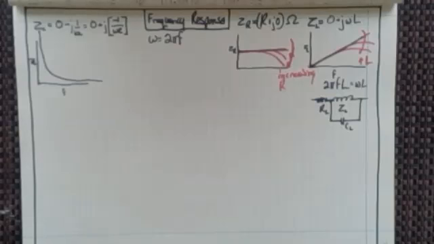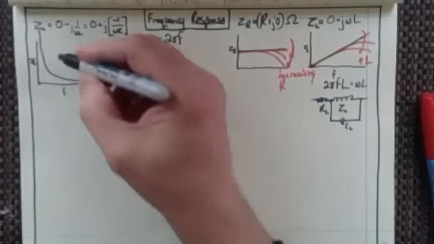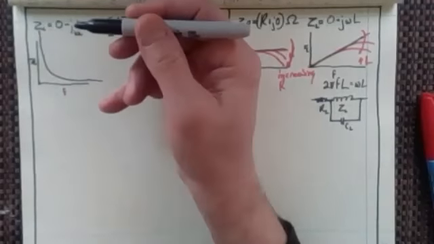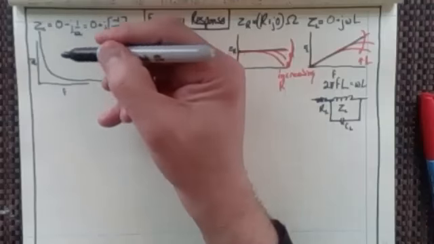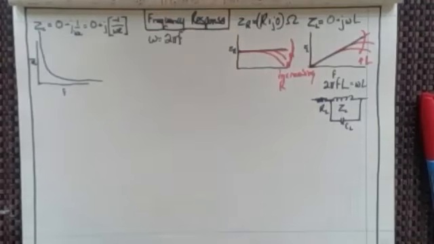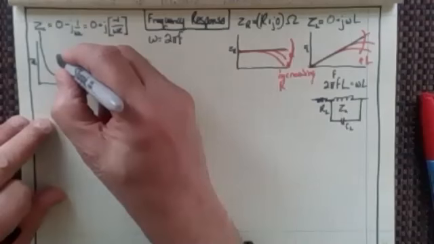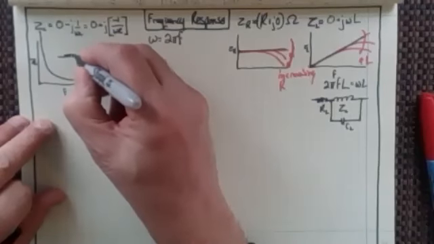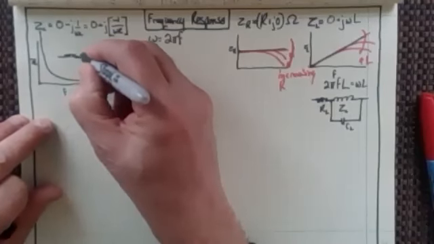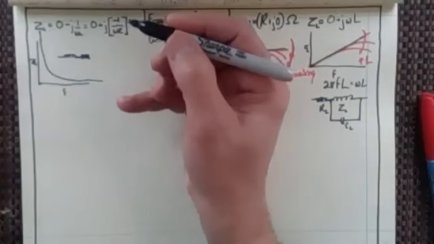Now, how about a capacitor? You know, a capacitor also, in reality, is not just a capacitor. A capacitor also has, due to the fact that it's made out of copper, the real circuit that we have for a capacitor is an inductor in line with a resistor. Yeah, that's right. It's made out of copper.